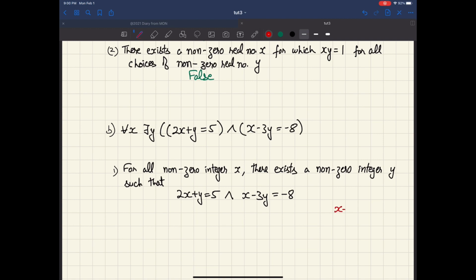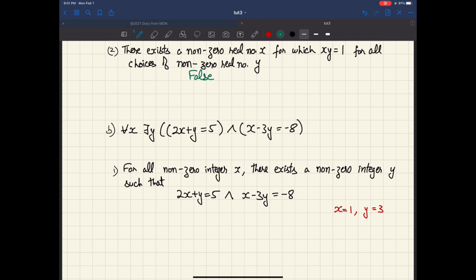Solving these two equations gives us x equals 1 and y equals 3. Since we don't have a solution for all non-zero integer x, that's why this part is false.